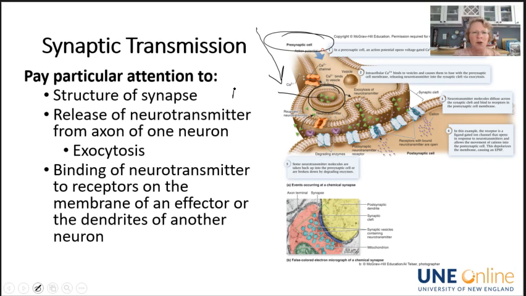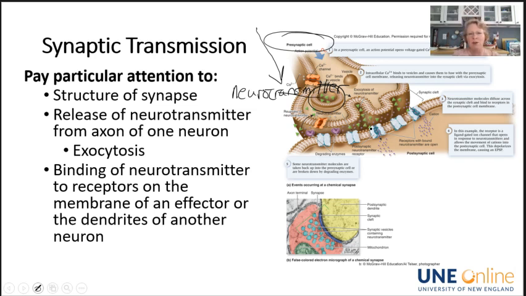So here are our neurotransmitters, released into this cleft. So there's a space between the presynaptic neuron and whatever it's talking to, whether that's the dendrites of another neuron or a smooth muscle cell or a skeletal muscle cell or a gland cell. There is a physical gap. They are not touching each other.